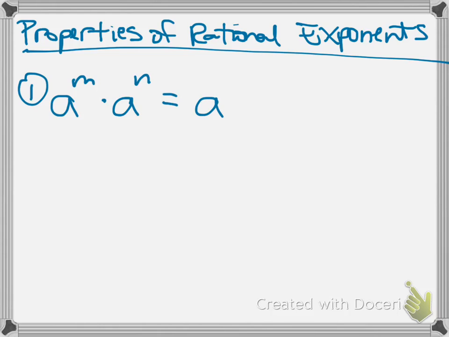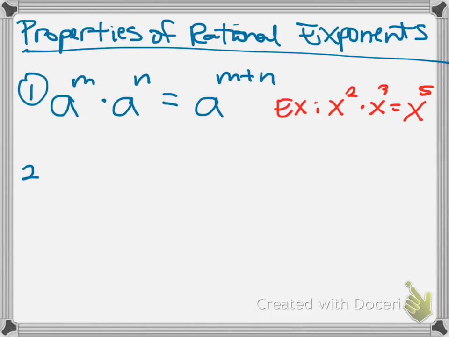So a to the mth power times a to the nth power is equivalent to a to the m plus nth power. I'll just do a quick example. So that means that x squared times x cubed is the same thing as x to the 5th.